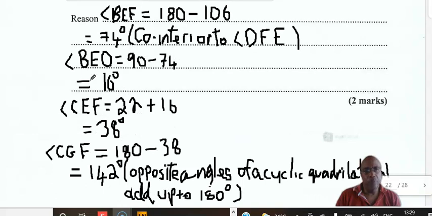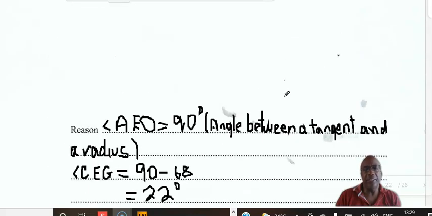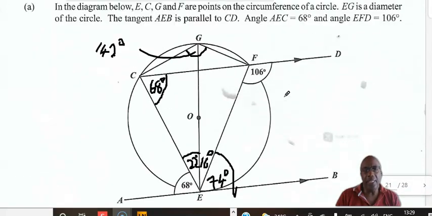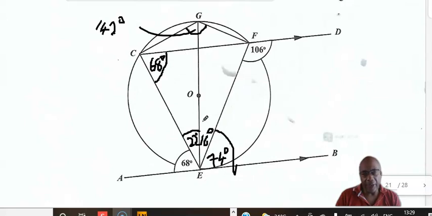Second step, angle BEO is 90 minus 74, which is 16 degrees. And angle BEO is this angle right here. It's 90 minus 74, which is 16 degrees.